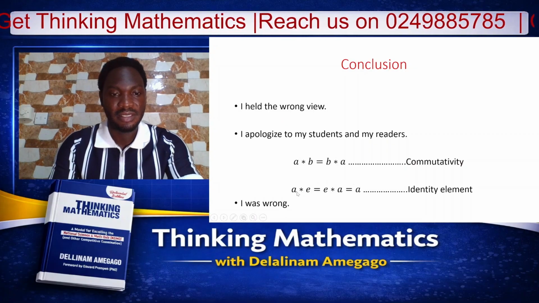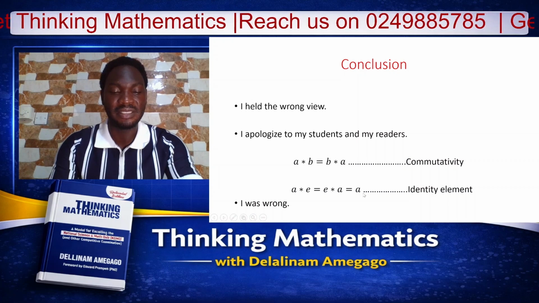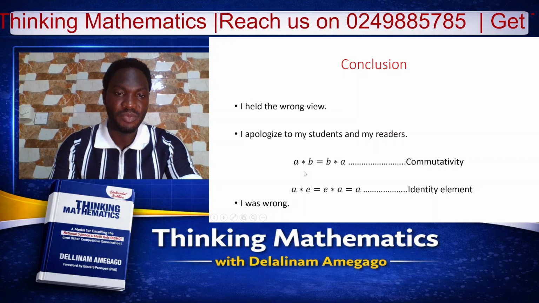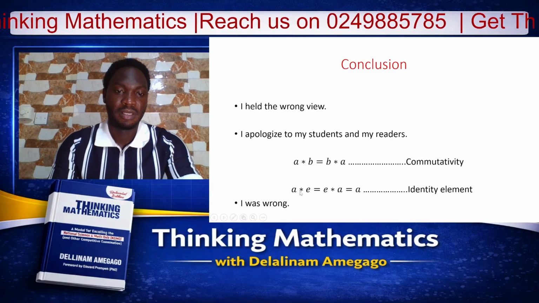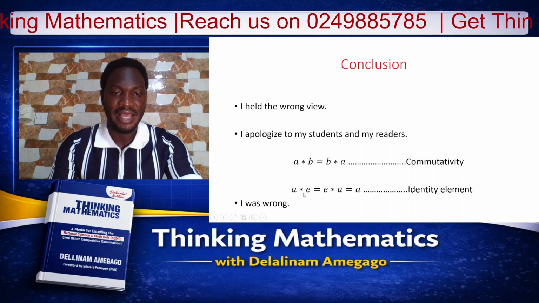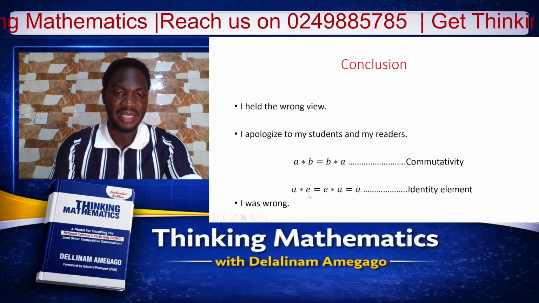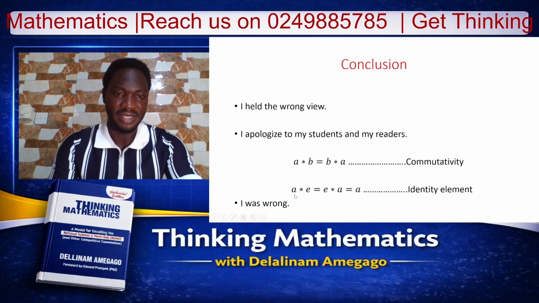I figured that I misinterpreted the definition of identity elements. That is, I inferred commutativity from the definition. The definition of identity element says A star E equals E star A. E is a special element. A is any element.